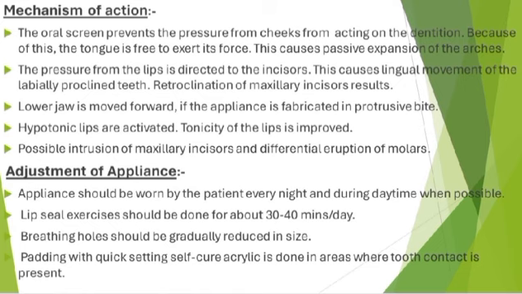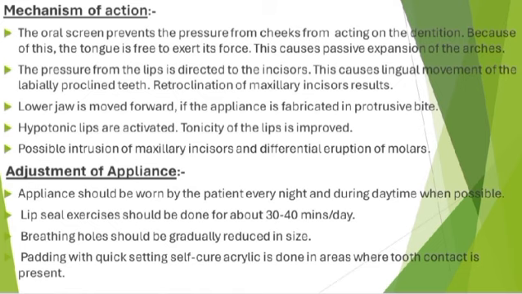Retroclination of maxillary incisors results. Lower jaw is moved forward if the appliance is fabricated in a protrusive bite. Hypotonic lips are activated. Tonicity of the lips is improved. Possible intrusion of maxillary incisors and differential eruption of molars.